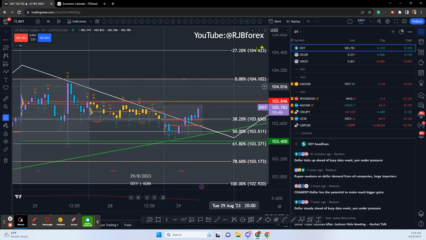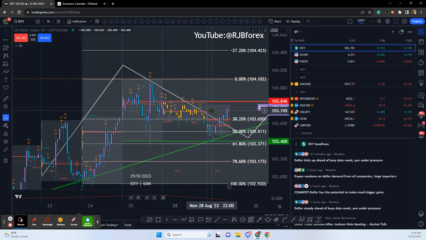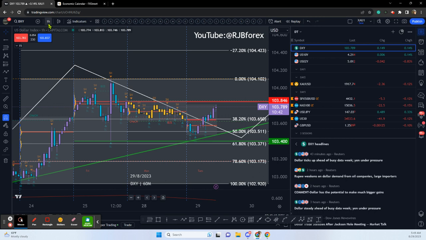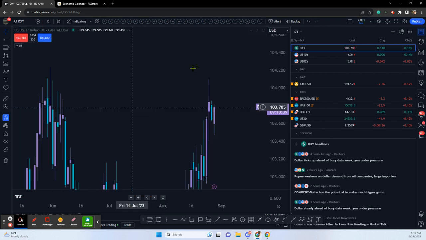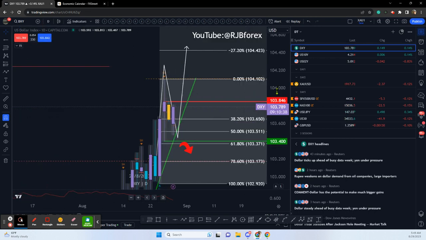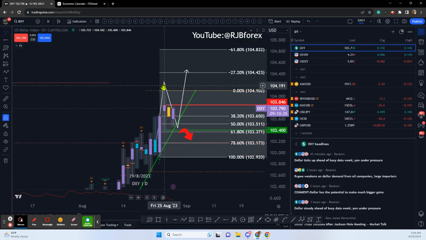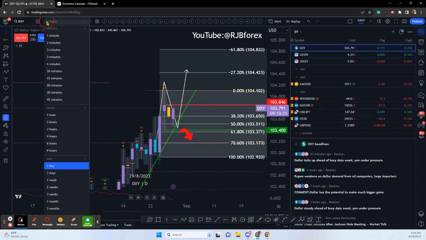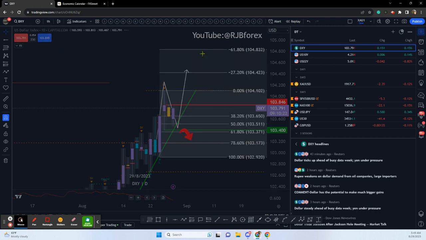This is today. So just pull back a bit, back that up to the daily again. So the impulse correction, the correction has come into the 50% mean reversion of that move to the upside, right? So it's pulled back a significant amount, significant enough for it to continue on to the upside.